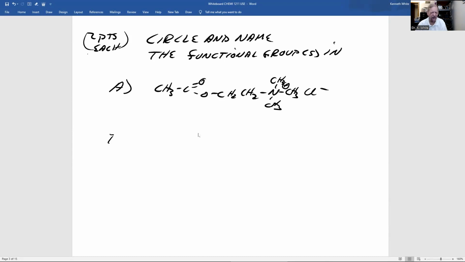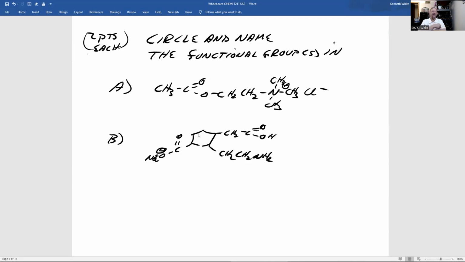Here's one for you to work with, and let's do one more. Have fun. Circle and name the functional group, 2 points each.